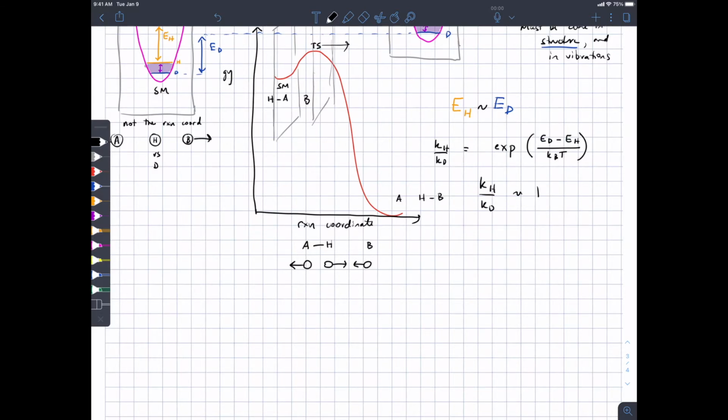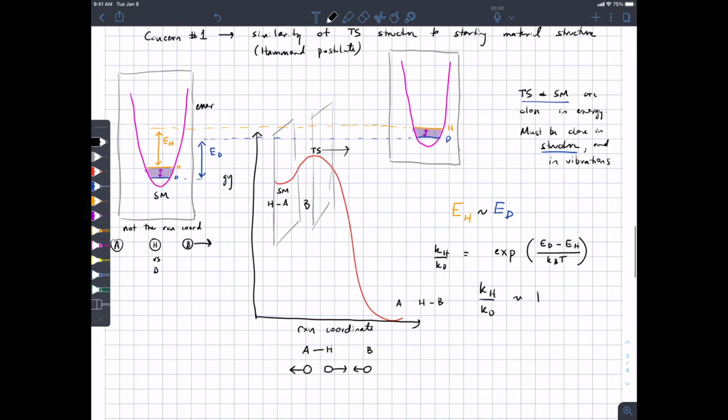It's about 1. Okay? So that's one situation where I cannot observe a kinetic isotope effect, even if a bond is changing during a reaction, because it's not very different in the starting material than it is in the product. All right?